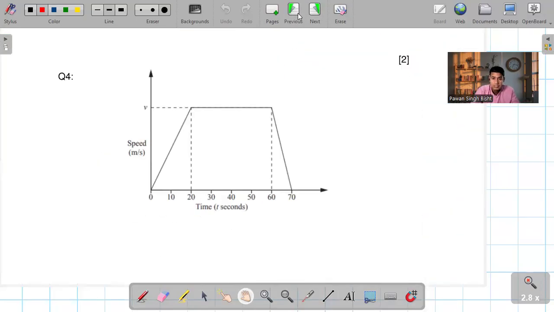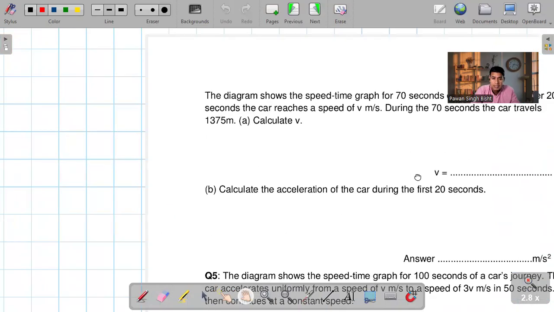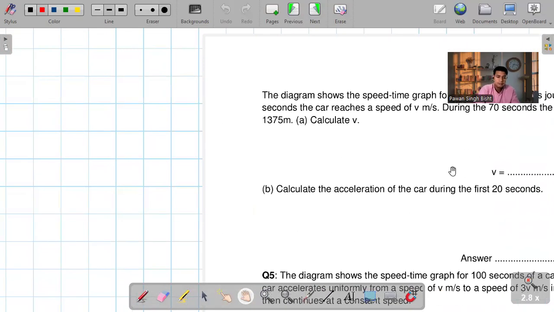So the procedure is the same: calculate the area of this graph. Total distance is equal to the area under the graph.